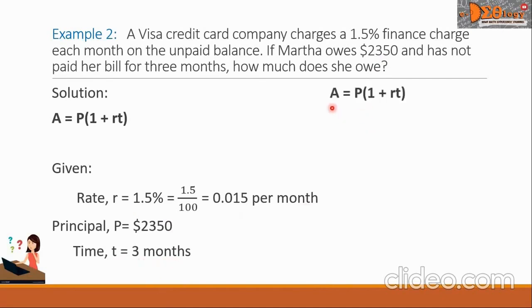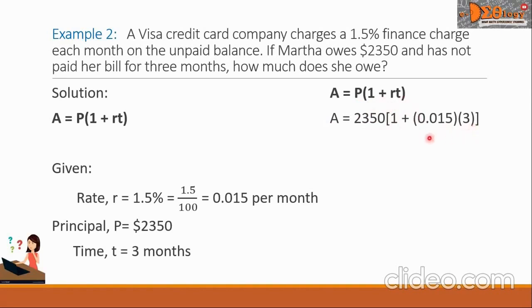Let us write again our formula on this side, and then let us do the substitution. A equals, the capital P is now 2,350 times the quantity 1, we will copy that constant, plus the product RT, and R becomes 0.015 times the T, which is 3.